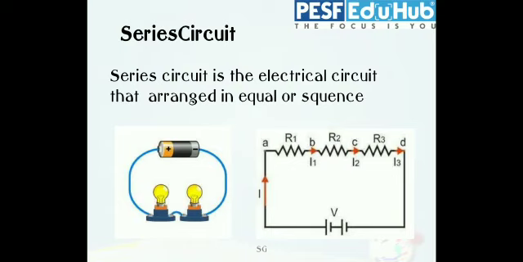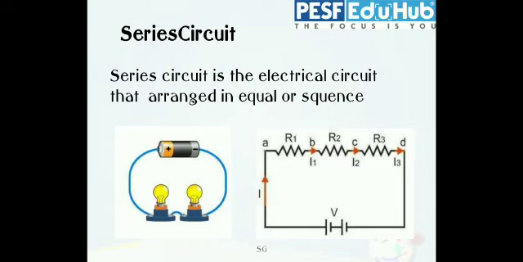In the similar figure, there are two bulbs connected in series through a battery. So actually here it's a common voltage V and it's a closed circuit, so definitely a current will flow. You just check the direction of current. We already know the current starts from the positive and ends at the negative of the battery.